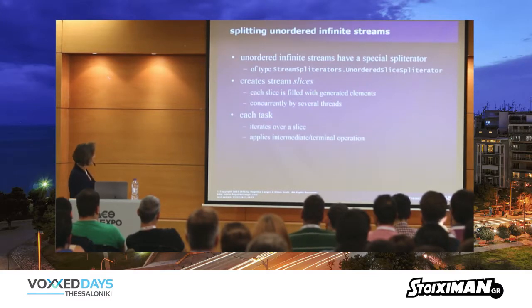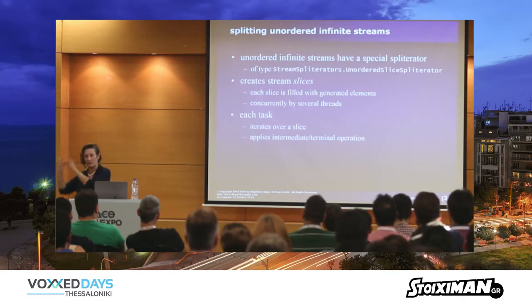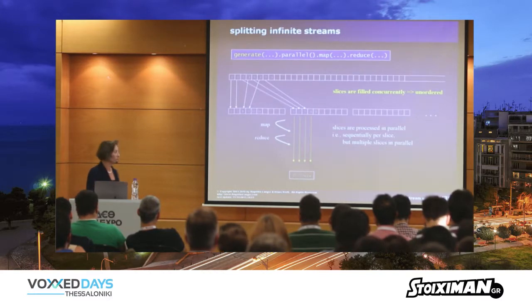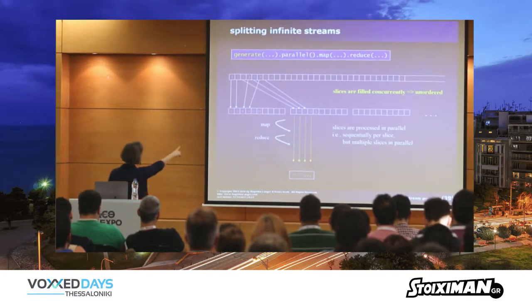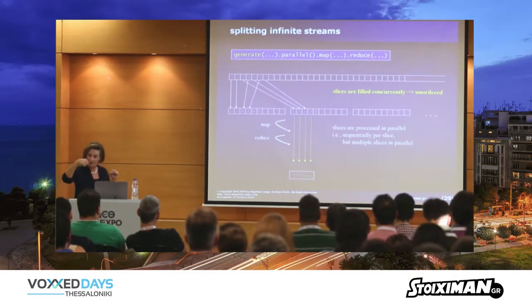And what it does is it creates so-called slices. The slices are basically arrays, and the arrays are filled by calling the supplier again and again. And these slices are filled concurrently. So basically several threads concurrently call the supplier and try to fill their slice with whatever number the supplier returns.